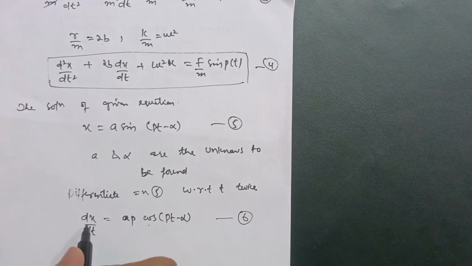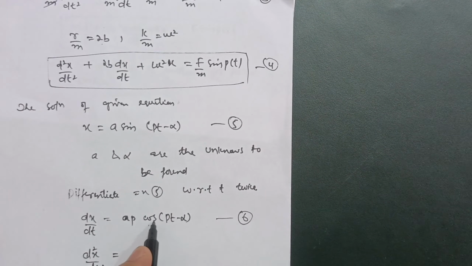Next I am again differentiating this equation, so I will get d square x upon dt square, which is equal to, what is the differentiation of cos pt minus alpha? Minus sine of pt minus alpha. This is the differentiation of cos.